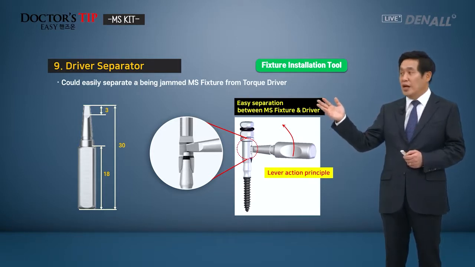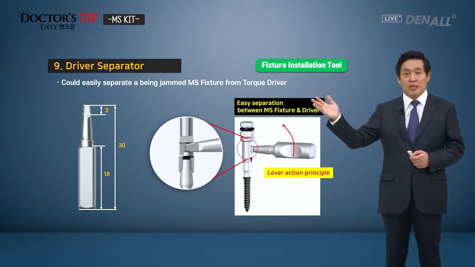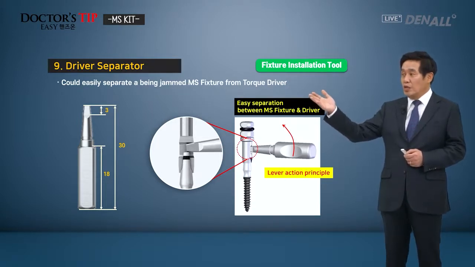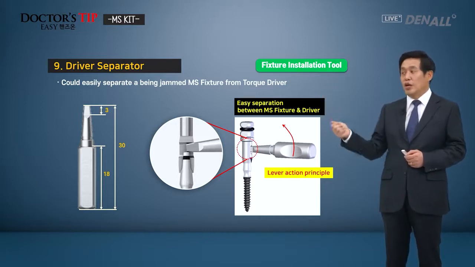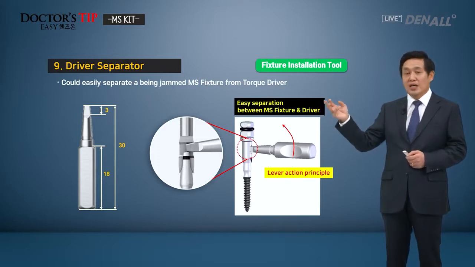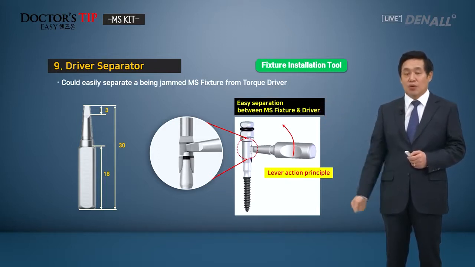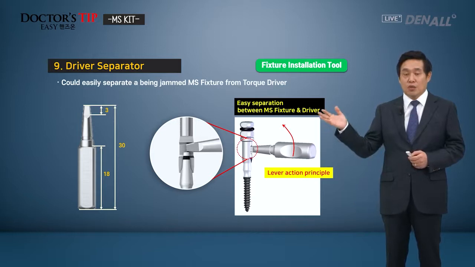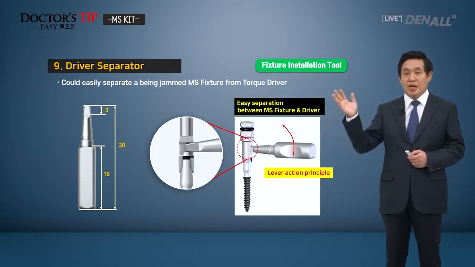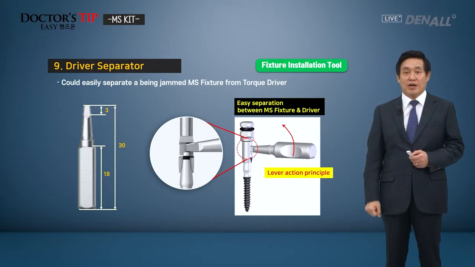So we have a special tool, the separator. If you have jamming, you just put it in and use the lever action principle, then very easily the fixture and driver can be separated. That's how it's designed. So even if there's a jam, very safely, it doesn't hurt fixture stability.